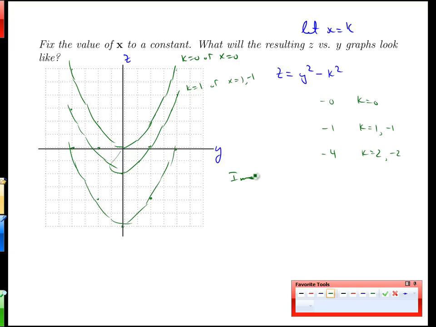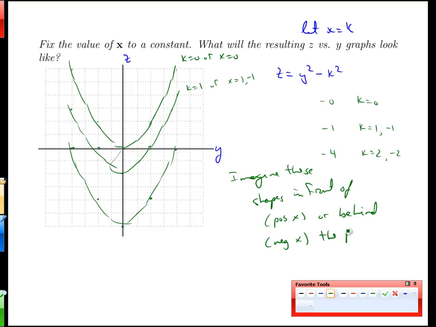What I'd like you to do is try to imagine these shapes in front of the page or behind it: positive x values are in front of the page, negative x values behind. So x equals 0 is at the page, and then as we move out towards you, we see a lower shape, same basic contour, same basic profile, but moving down as we move out of the page.